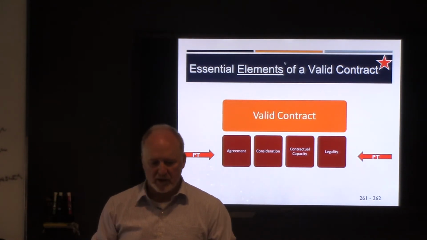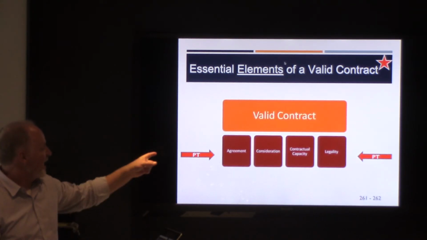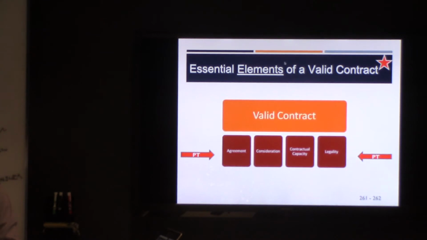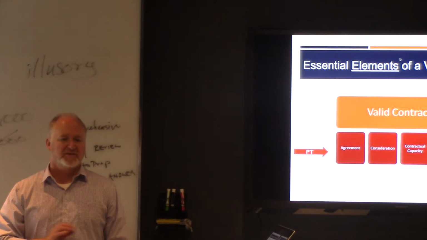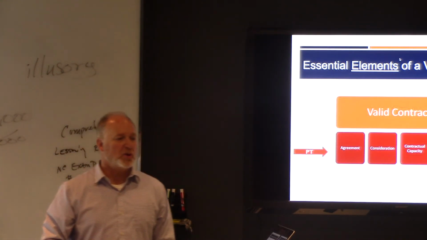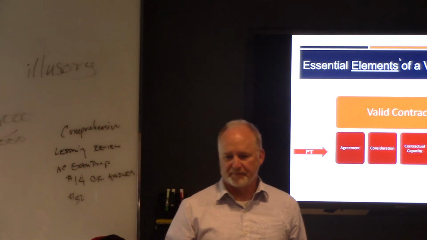Okay? All right. Another essential element of a valid contract is contractual capacity. The parties must have the ability to enter into a binding contract, but we spend a lot of time talking about that, so I feel good about it. Contractual capacity, 18 seconds, boom, done. Okay? I want you to put a star beside this next word, consideration. It is an essential element of a valid contract that there be consideration.